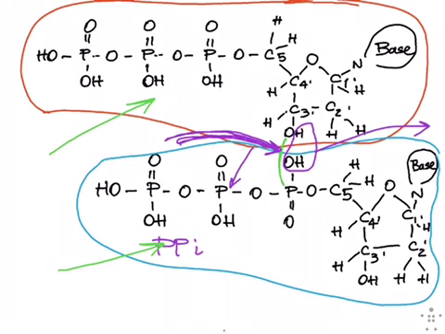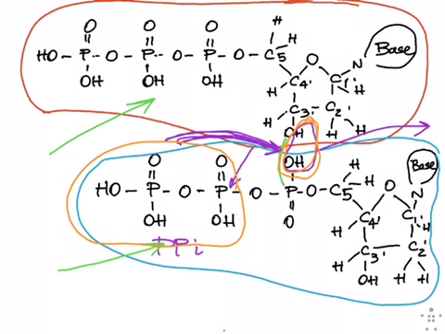This is a condensation reaction, so a water molecule will be leaving. I'm circling it in orange right here. And also a pyrophosphate will be leaving. We will be explaining the intermediate steps and you should be able to draw the ester bond.